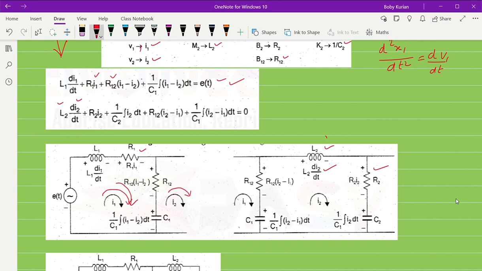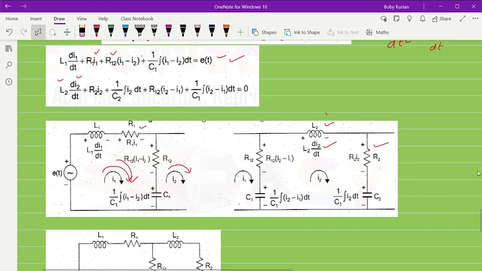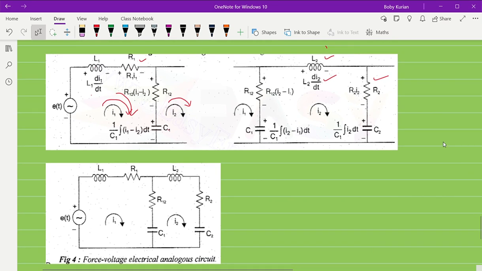So for these two differential equations, we have designed, or drawn, the two corresponding meshes here. Now we know we can combine them into a single circuit. We can combine these two separate meshes and put it as a single circuit.